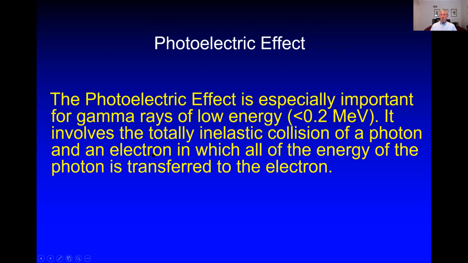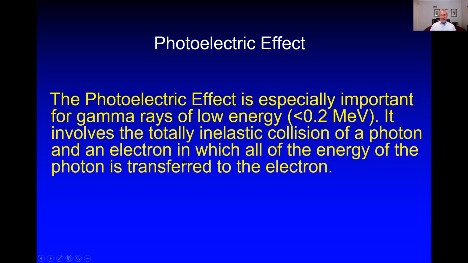It transfers all of its energy, every bit of it, and the photon is gone. All of the energy of the photon was transferred over to the electron. We call that an inelastic collision because the photon didn't hit that electron and bounce off. It transferred 100% of its energy, and so the photon is completely gone.